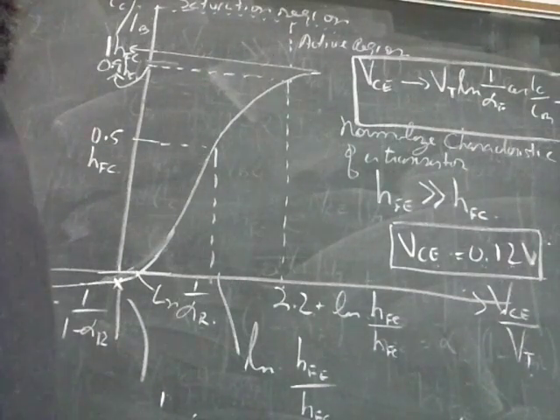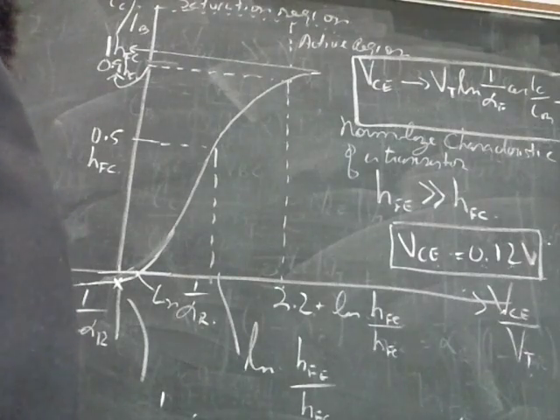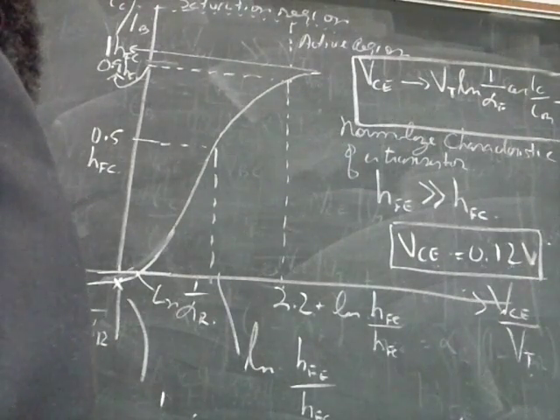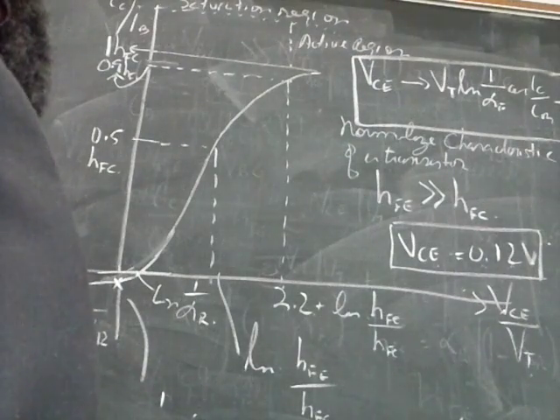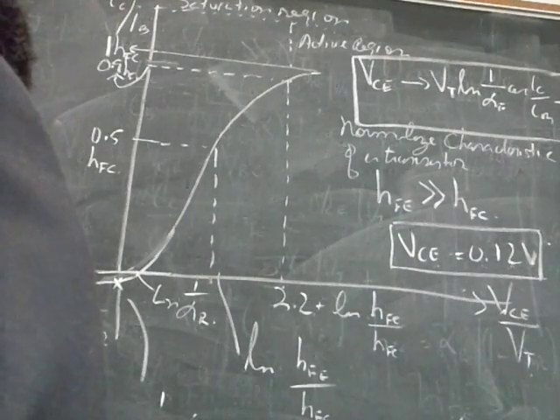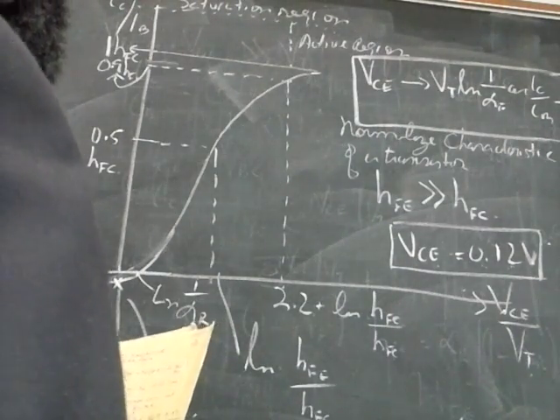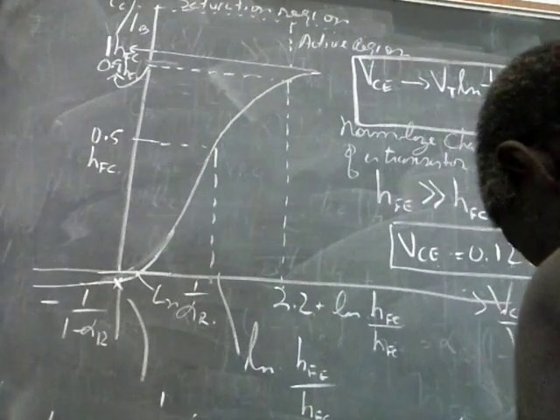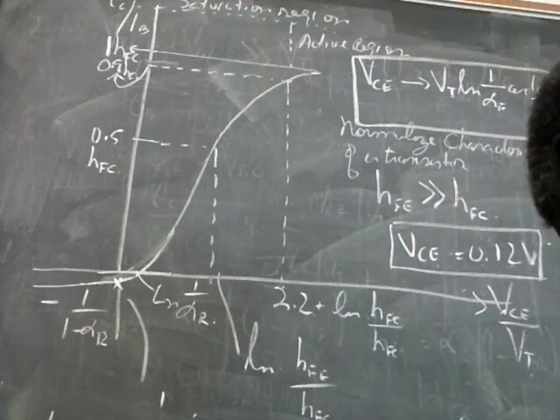Many of the circuits we study consider the transistors to be operating in the active region. If such is the case, when no ambiguity will arise, we will represent alpha F as alpha and assume VCE sat to be approximately equal to 0.2 volts.